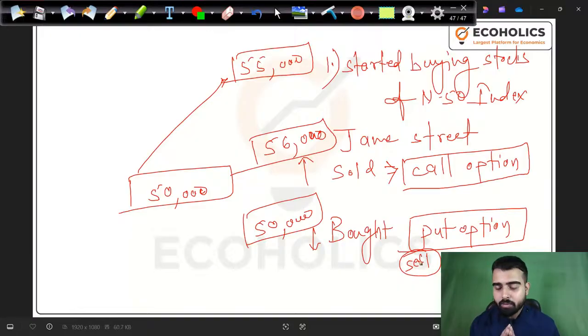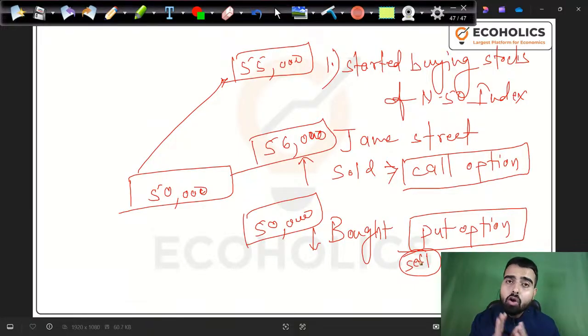When they bought the put option, they got the right to sell. They said if the prices go down to 50,000, we will be selling. Okay, now they are safe. If the price goes down to 50,000, they can sell at the pre-decided prices.